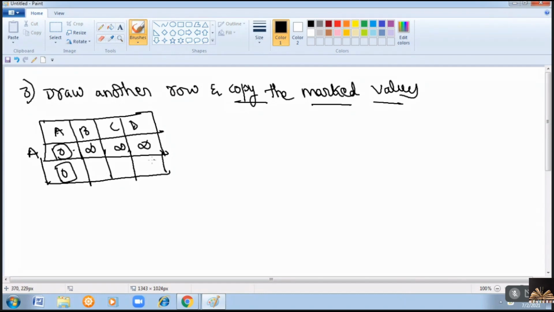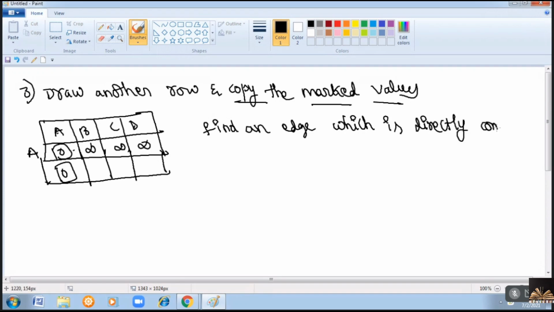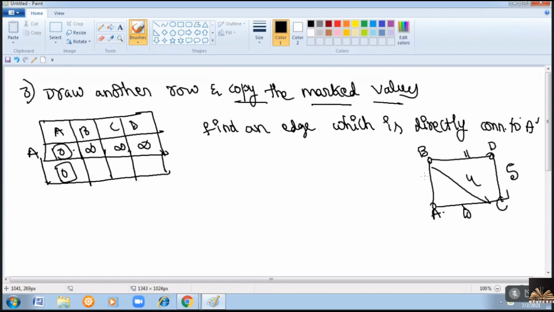Now you need to fill these entries. To fill these entries, you have to find an edge which is directly connected to A. Here you have marked the vertex A, so you need to identify the vertices which are connected directly to A. B is connected and C is connected.